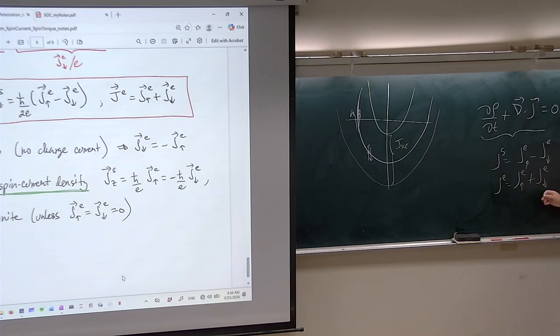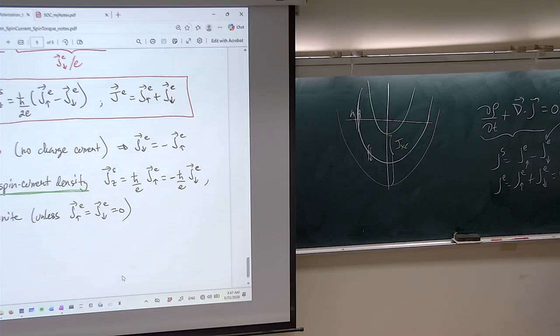So let's say that the charge current is zero. So you get here that one charge current is minus the other. When you put this in here, what you get is twice the charge current. Okay?